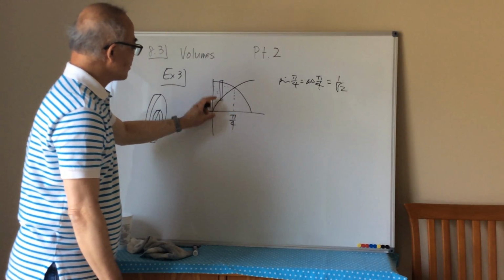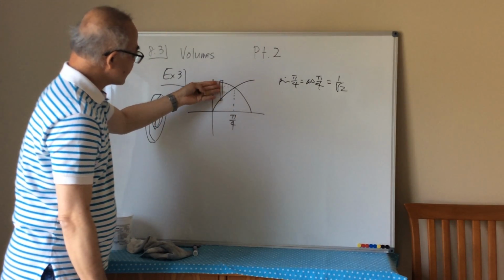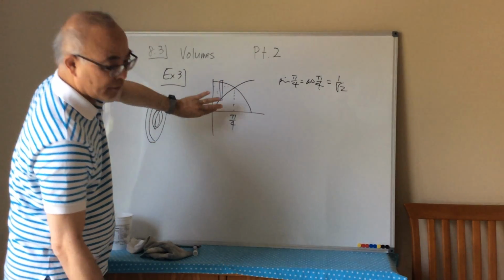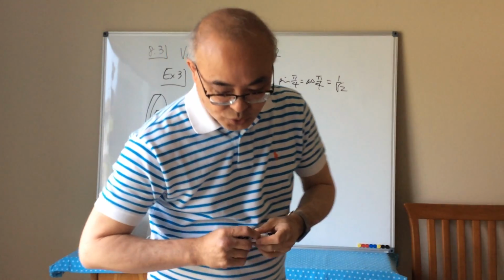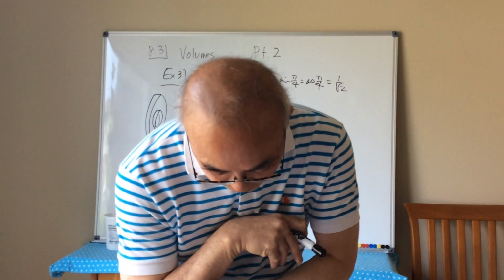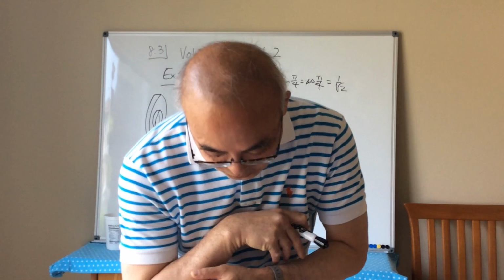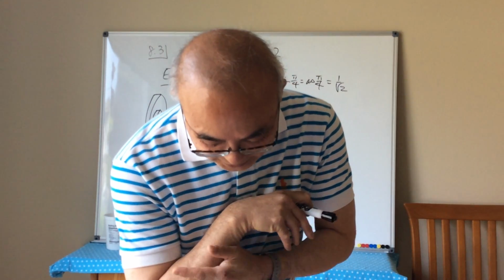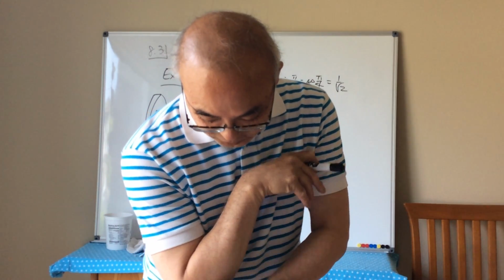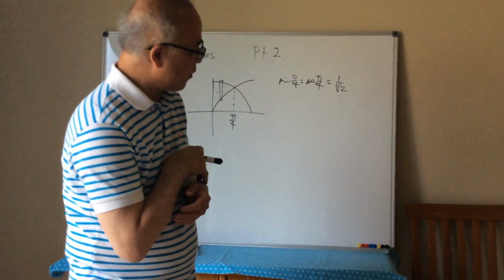There's nothing here, right? We're taking this strip and rotating it around. If you go to page 408, figure 8.23, it shows you that pink little thing there, and it looks like a washer.